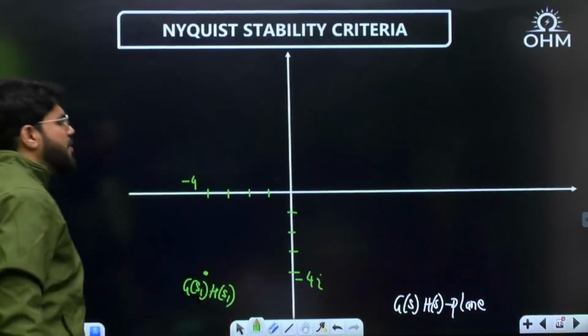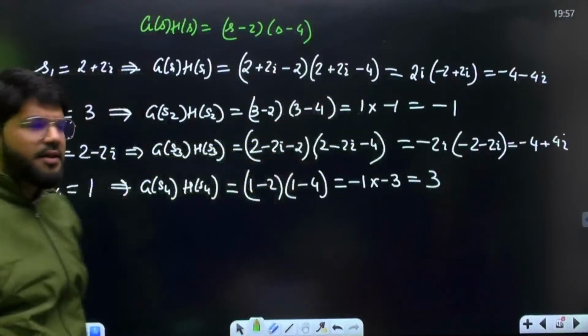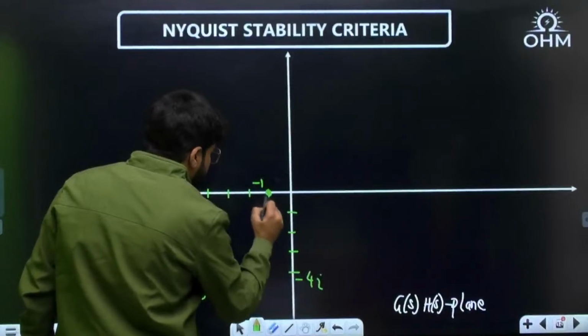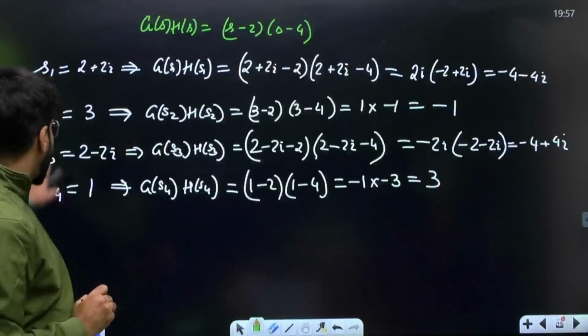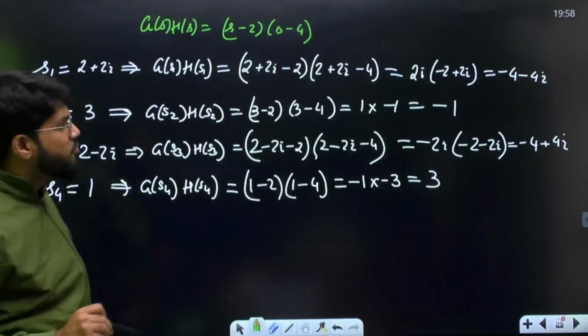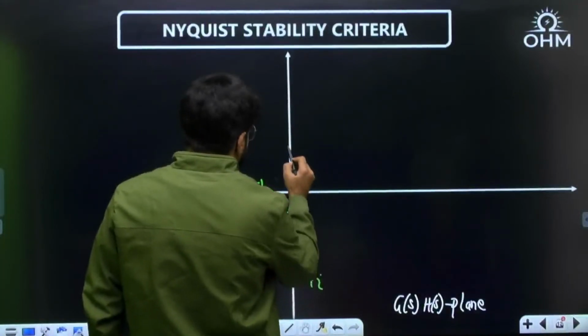Correct. Then what is the next value of the function obtained? G(S2)H(S2), minus 1, only real. So this is minus 1. This is the value G(S2)H(S2). Then what is the third value obtained? G(S3)H(S3), minus 4 plus 4i. Minus 4 real part and plus 4i imaginary part.